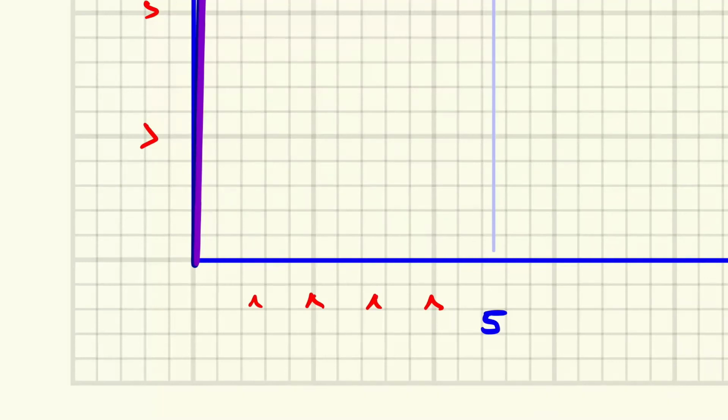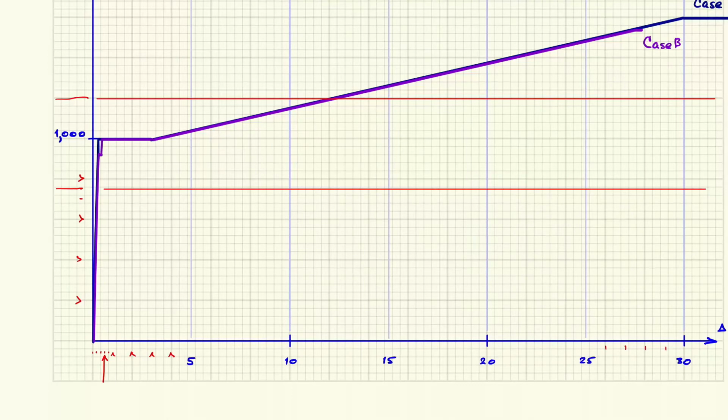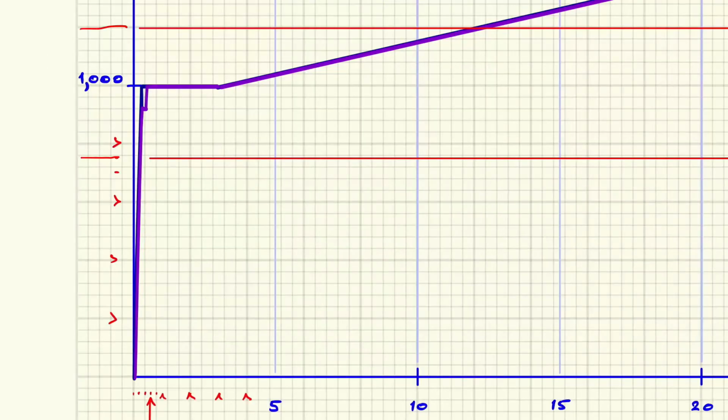Okay. 0.2, 0.4, 0.6 is here. 0.6 is there. Then okay. 0.6 is like here. Okay. Good.